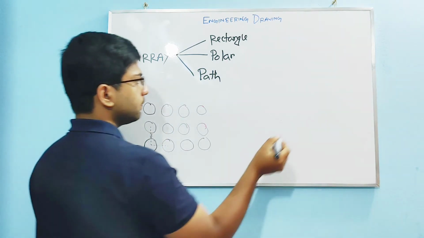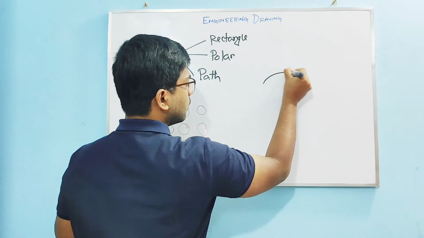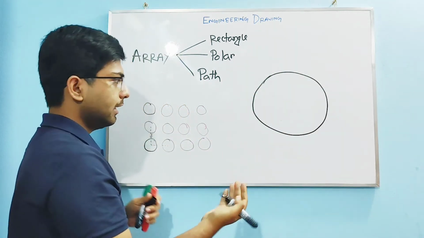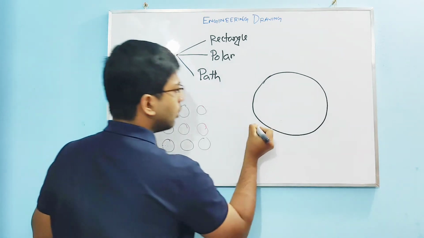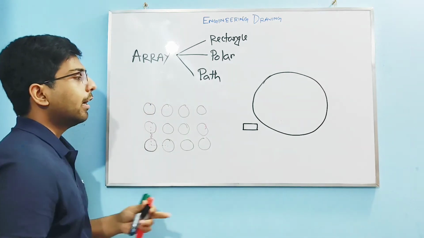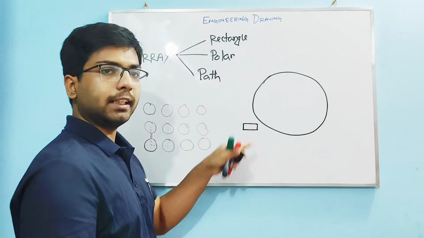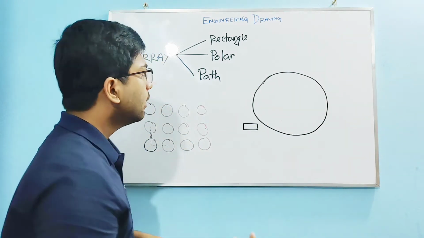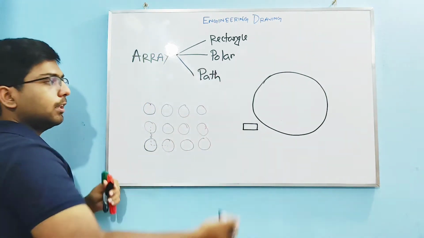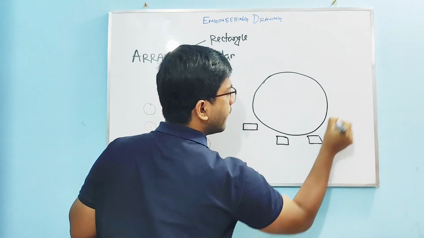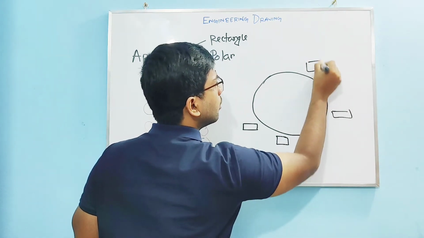For example, this is my reference circle and I have an object like this. I want this object to be placed alongside this circle. So using this array polar command, we can have objects like this.